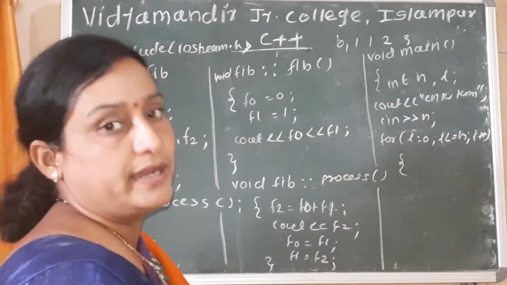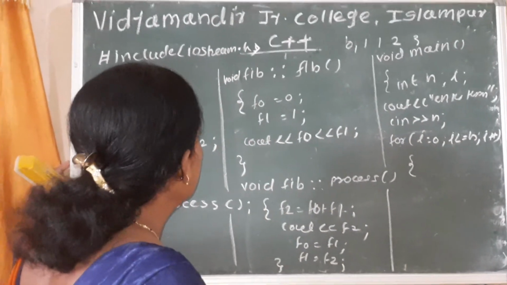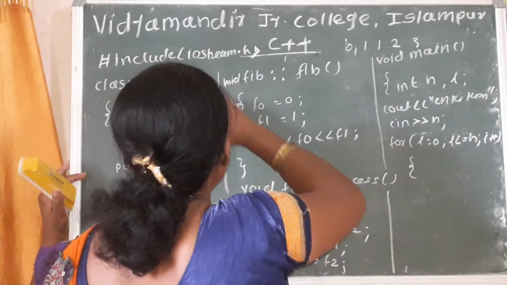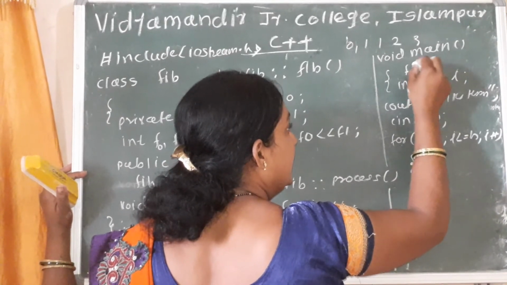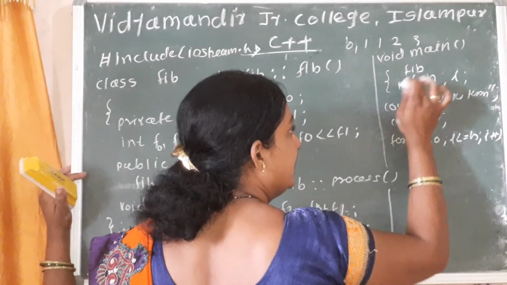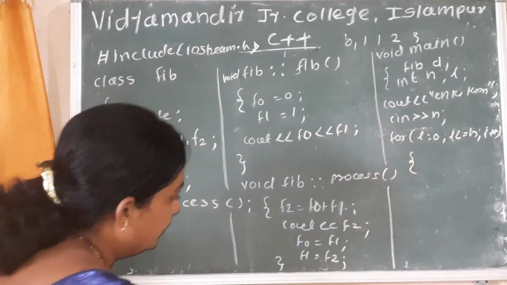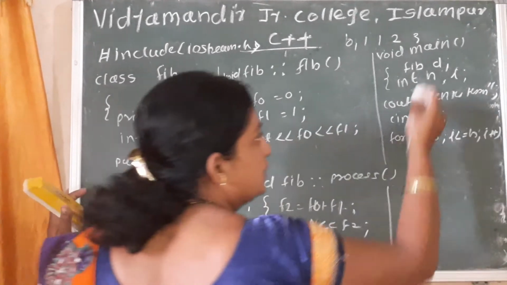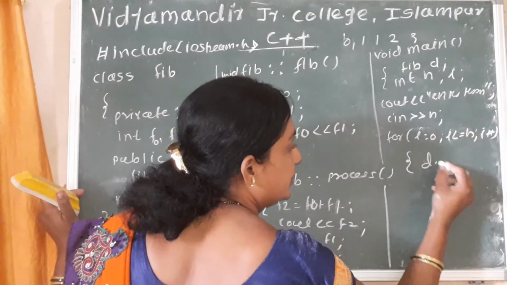In this block, it is a normal program, but this program is performed by using a constructor as well as a class, so we declare the object here. How do we declare the object? In void main, FIB D, where D is an object. Then we call the function process a number of times, so in the for loop we call the function.